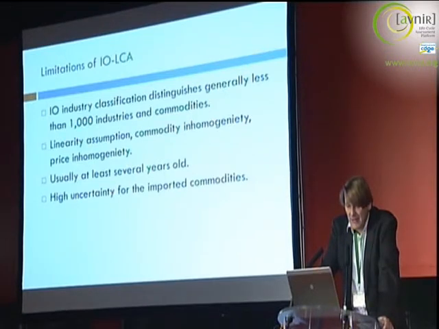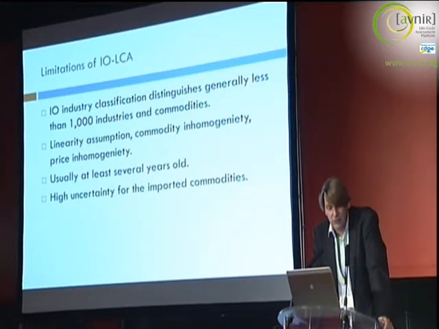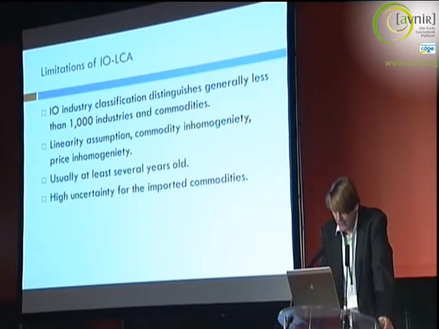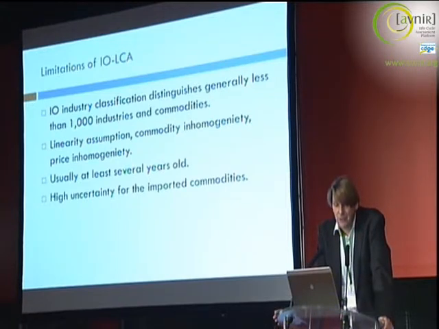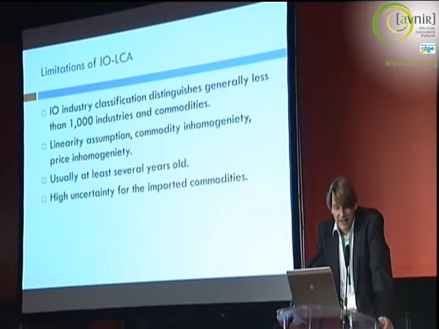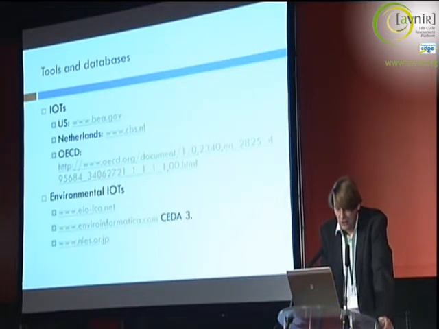You also have an assumption of linearity, and commodity homogeneity and price homogeneity, because you always have to link the prices back to the environmental impacts through factors, and this adds additional uncertainty. The data in input-output statistics are usually several years old, and there is a huge uncertainty also on the topic of imported commodities. With this, I would like to change.